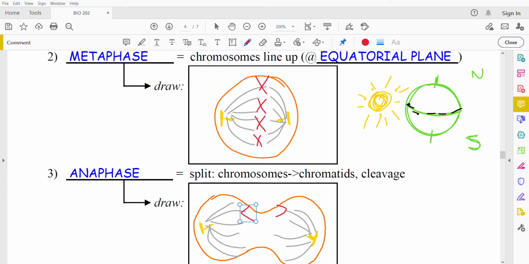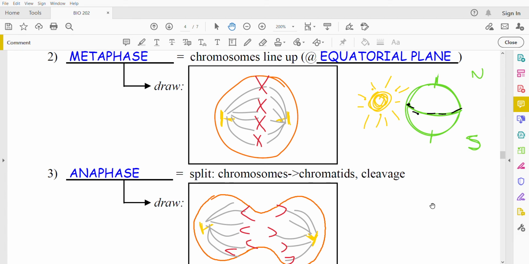So we have only the chromatids left for each chromosome. So we're pulling the chromosomes apart and we're left with the chromatids, so half of a chromosome. And these halves are pulled to the different ends, different poles of the cell.